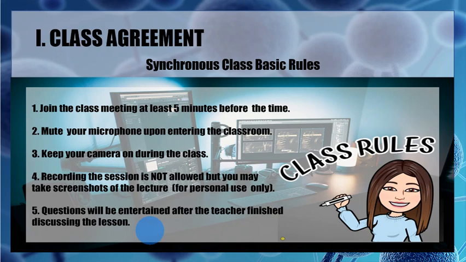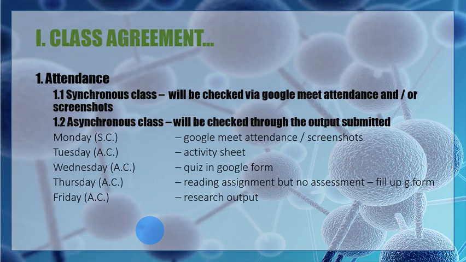Let's proceed with other agreements aside from those rules. Number one, attendance. Your attendance will be checked in both the synchronous and asynchronous classes. For the synchronous class, it will be checked via Google Meet attendance or screenshots. For the asynchronous classes, attendance will be checked through the outputs that you submit to me.